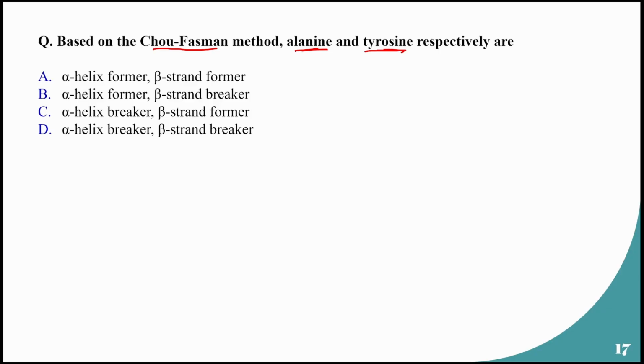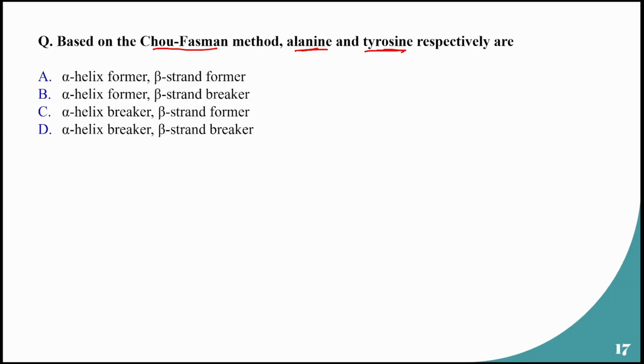So this is again based on propensity calculations. If you analyze a set of sequences, like in the case of different proteins, and find that certain residues are prominent in a particular type of secondary structure, then you might assume that that amino acid is a former of that secondary structure, because otherwise, in nature, it would not be present in such heavy amounts.